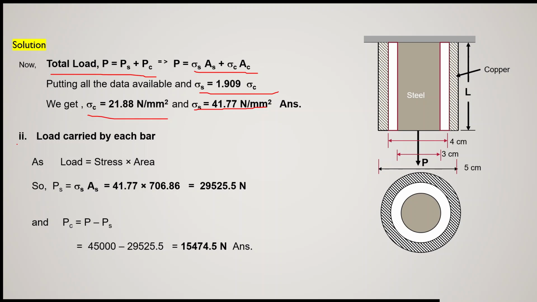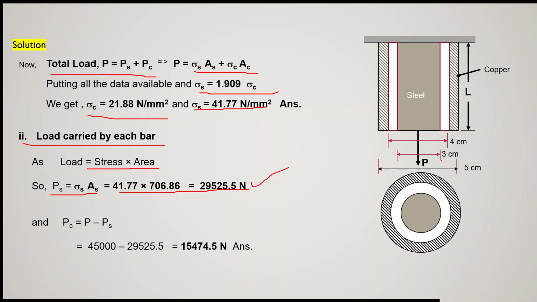Now, the second part is the load carried by each bar member. Load is given by stress into cross-section area of the member. So PS is sigma S into AS, where sigma S is the stress in the steel and AS is the area of the steel. After calculation it comes out to be 295.5 Newton.